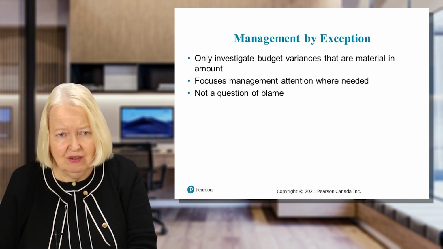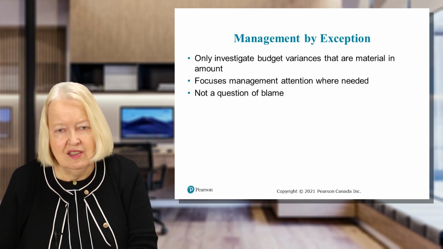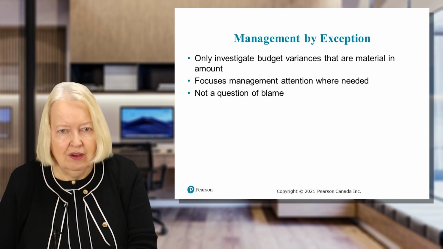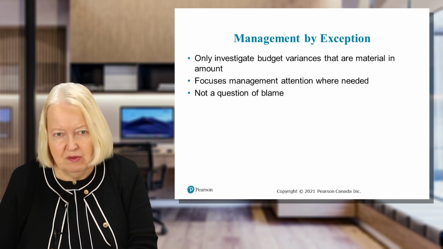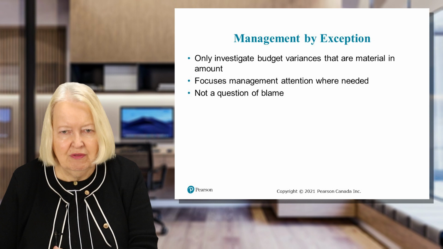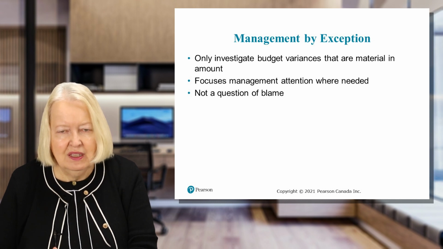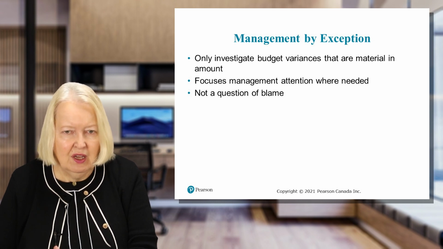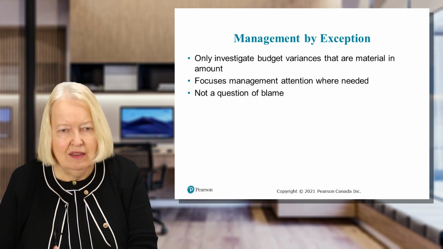So the idea here is you only look at situations where the budget didn't meet your expectations by a material amount. If you're off by a couple of $100, you're not going to waste time looking for that. So it's not a matter of focusing blame, but it's a matter of identifying where costs have increased beyond what you had expected to pay.